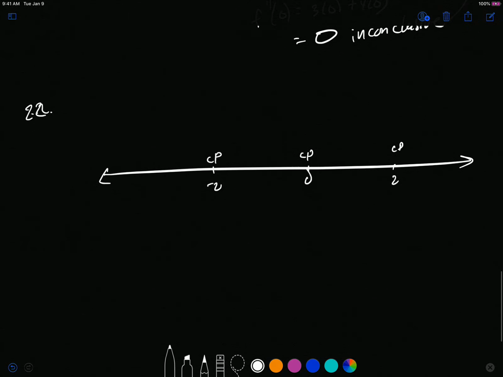And what the sign chart tells me is that the graph is decreasing, constant, increasing, constant, decreasing, constant, and increasing.